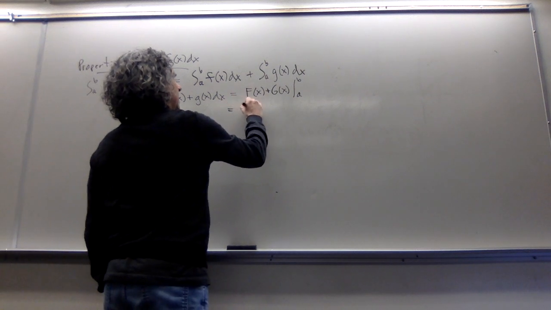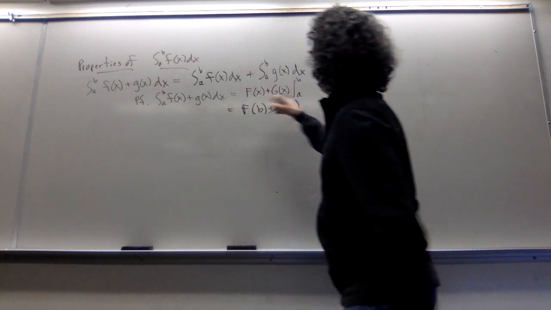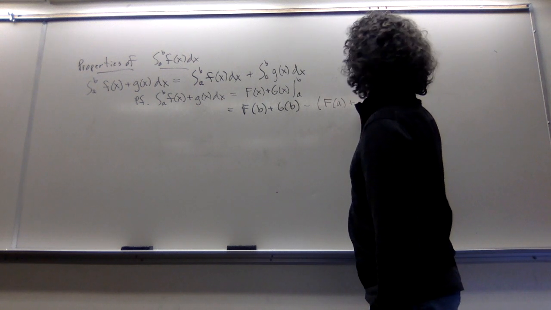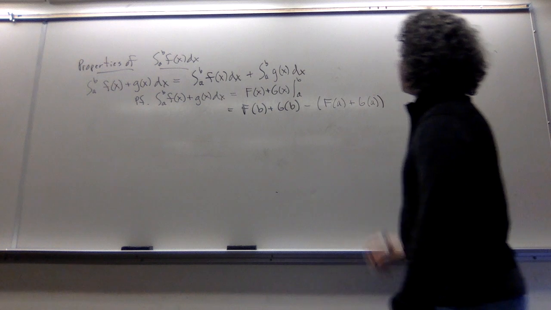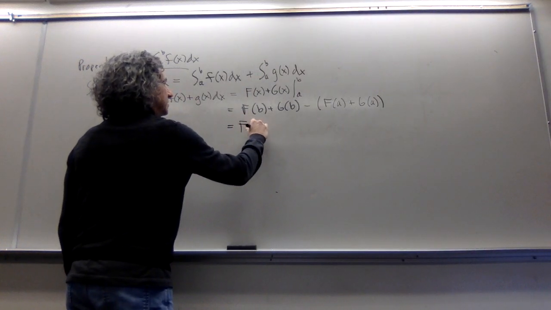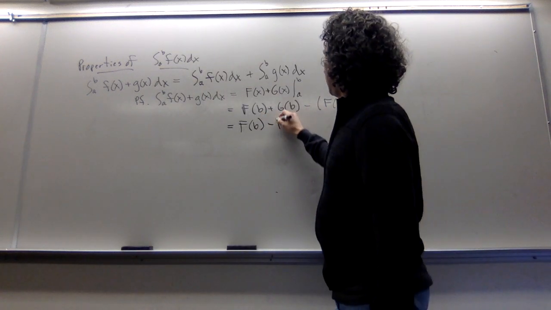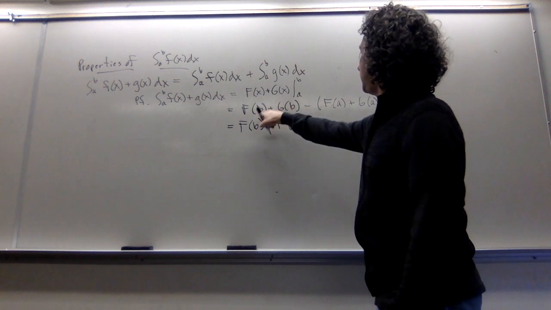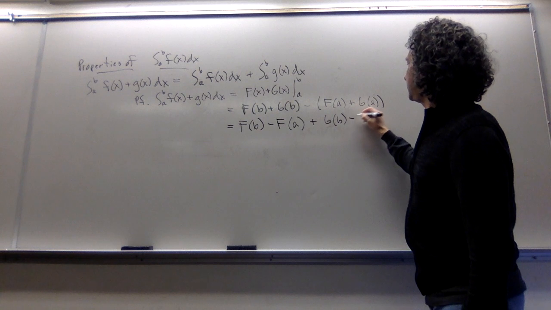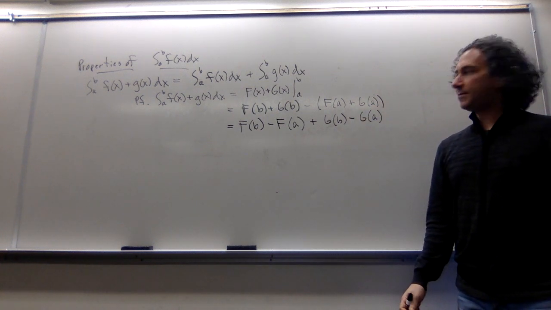Well, we then get that big F of B plus big G of B, so I'm just plugging in, minus big F of A plus big G of A is equal to the same thing as big F of B minus big F of A, so that's this minus this, plus big G of B minus big G of A. Can you guys see the punchline?